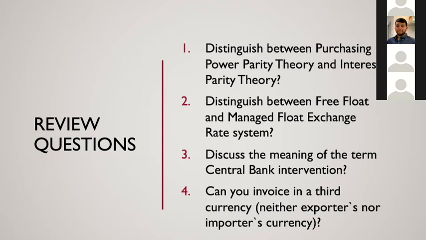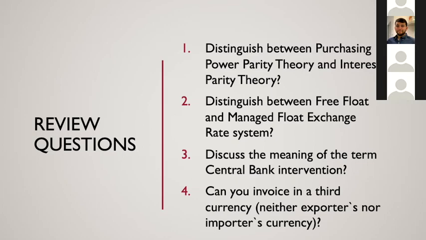And number four is Jennifer. Can you invoice in a third currency? For example, you are an exporter, I am an importer. We are in two different countries. My currency is different, your currency is different. Let's say I'm in Japan. My currency is the Japanese yen, and your currency is the US dollar. And you are an exporter, and I am your importer.